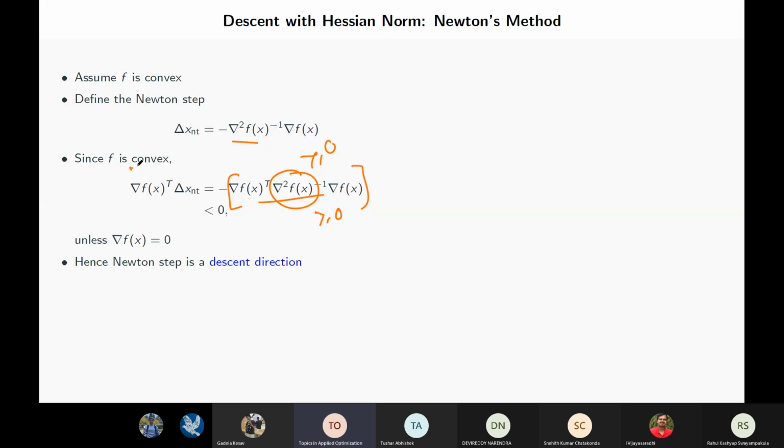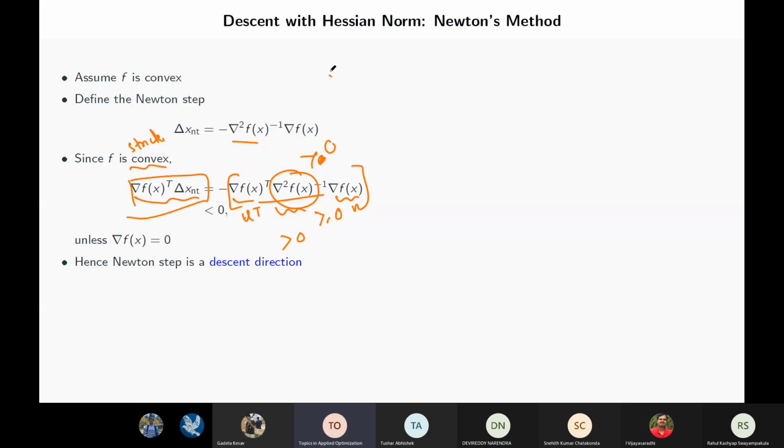If you are assuming it's strictly convex, then the Hessian is strictly positive definite. And then for some vector u, u transpose the Hessian times u will be strictly greater than 0 because of the positive definiteness. And then you have my negative, so it will be strictly less than 0.